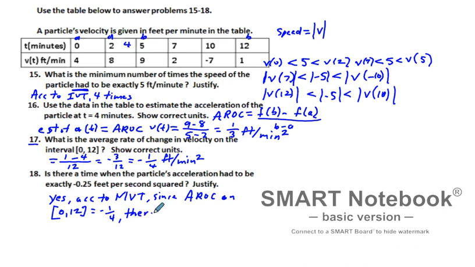I'll just say there has to be a time when a of t is equal to negative 0.25 feet per second squared. Okay, so that's 15 through 18.